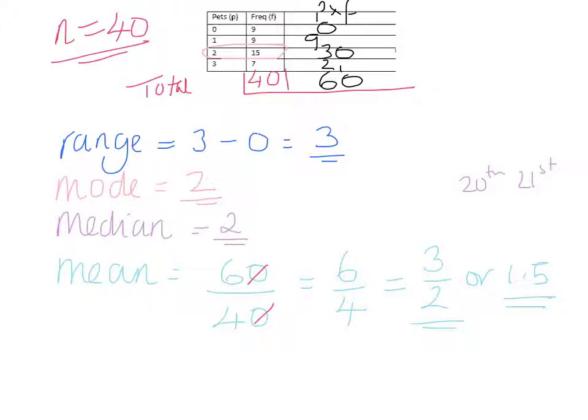I just want to quickly remind you of something while we're here. These numbers that are in my chart up here, if I was to write these numbers out in a list rather than in a table, I would have 9 zeros. Then I'll have 9 ones.